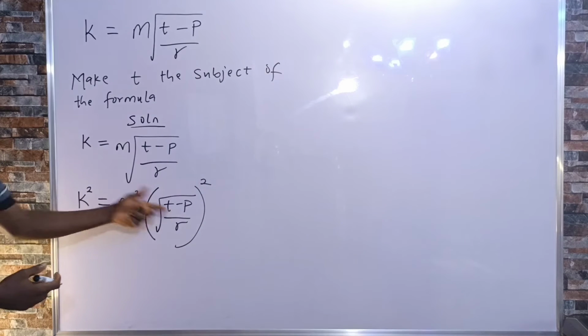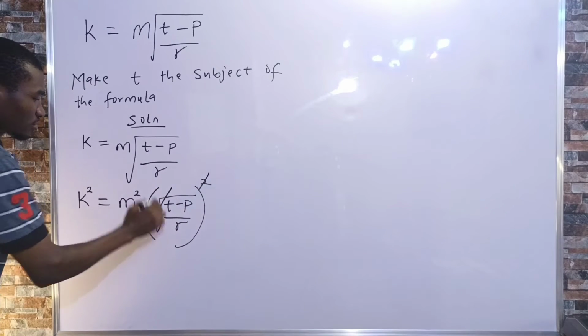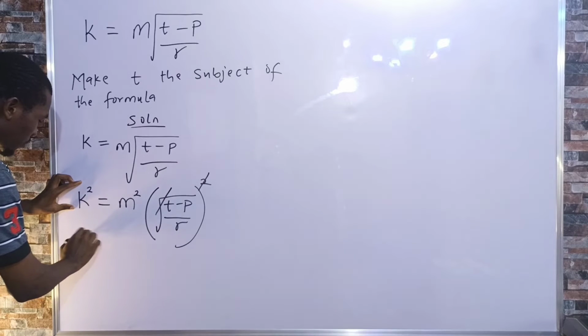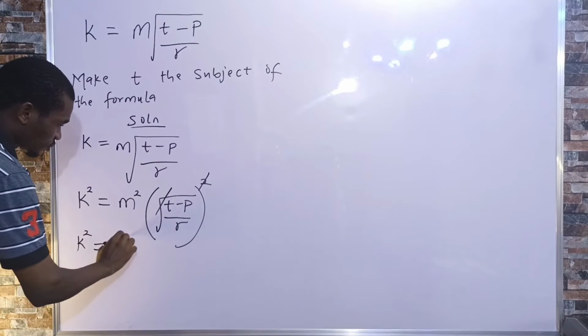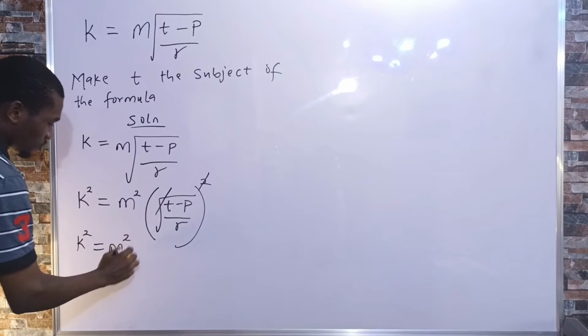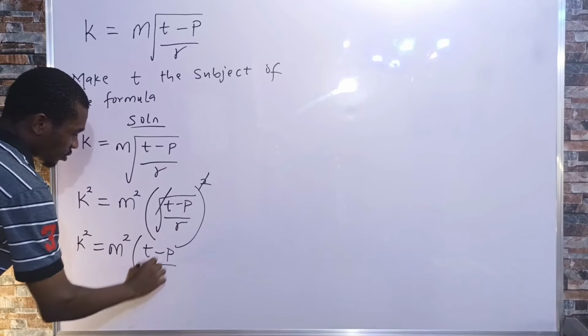Remember, mathematically it is the square that cancels out the square root. Hence, we are left with k raised to the power of 2, that is k squared, and that is equal to m squared. Then I have in brackets my t minus p, and that is all over r.